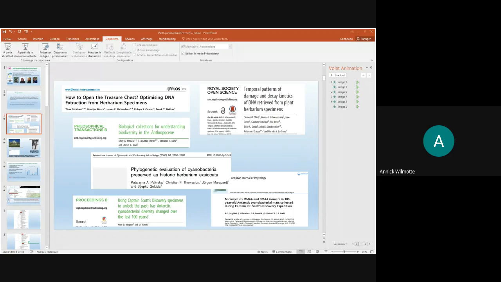Yes. So yes, it was possible to extract DNA from herbarium samples, and recently Anne Jungblut and her colleagues have shown that it was indeed possible to extract DNA and sequences from 100 years old Antarctic samples, and also cyanotoxins.